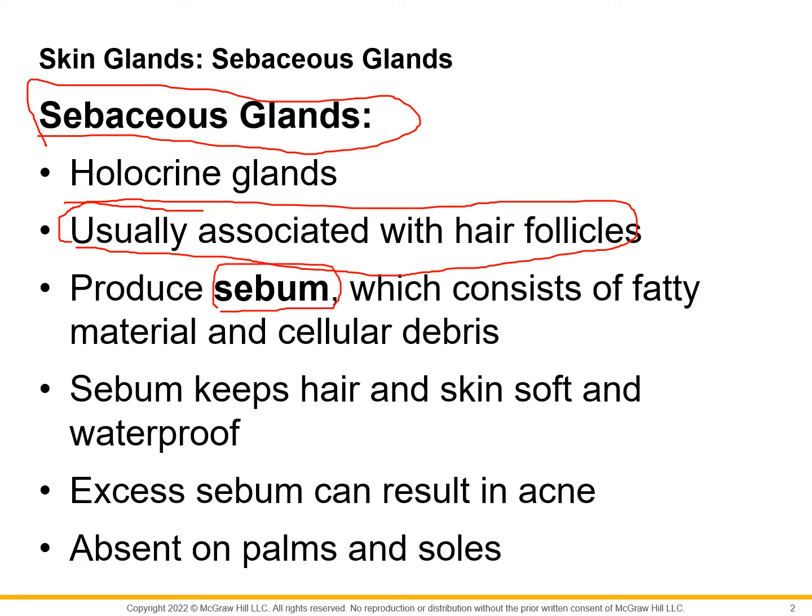Now, sebum is a very oily, fatty type of fluid, and as it says, it's going to have a lot of cellular debris, and that should be obvious since it is basically the result of the whole cell rupturing. So of course it should have a lot of cellular debris. It is what helps keep the hair and skin waterproof.